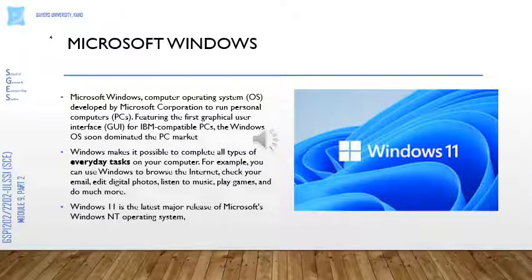It has lots of inbuilt functionalities that help us to simplify our everyday tasks. Examples are to browse the internet, to edit videos and pictures, listen to music, play games, and a lot more. These are features on the Windows operating system which have been made possible by Microsoft.